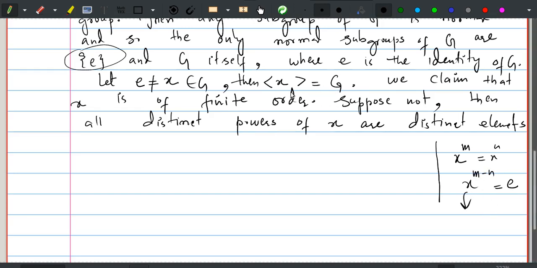Now G being generated by x implies G is of finite order, but at the beginning we have assumed that G is of infinite order. So no two distinct powers of x can be equal, because if two powers are equal, then this implies that x is of finite order.